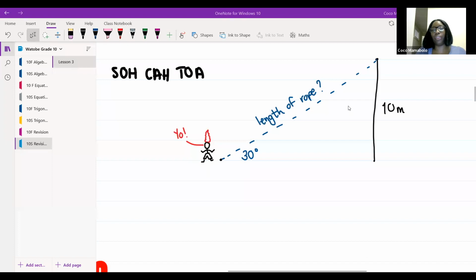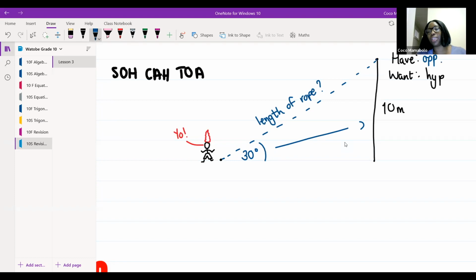And what do we have? In relation to my angle, I've got my opposite. Good. They've also given us the 30 degrees, they've given us our angle.